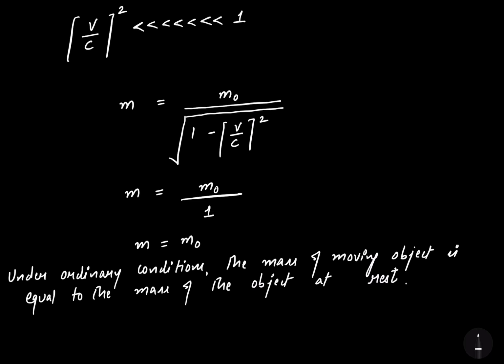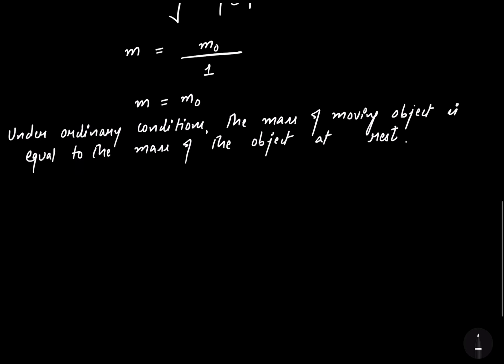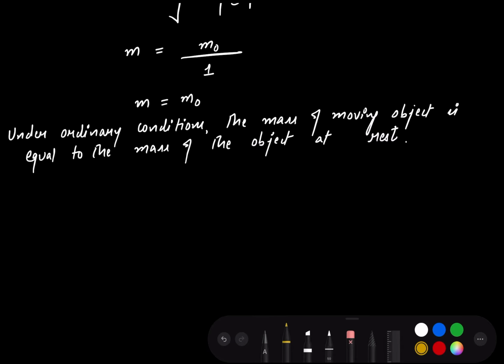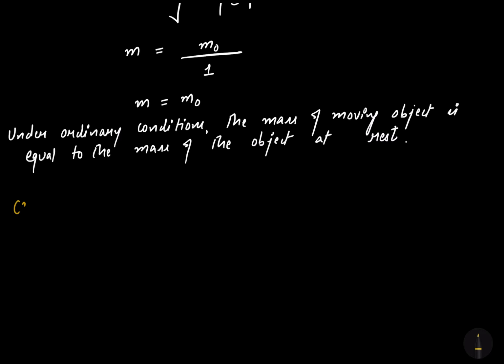So now let's talk about the case number 2. Let's take an example. If the velocity of any minute subatomic particle achieves nearly 3 into 10 to the power 7 meters per second.